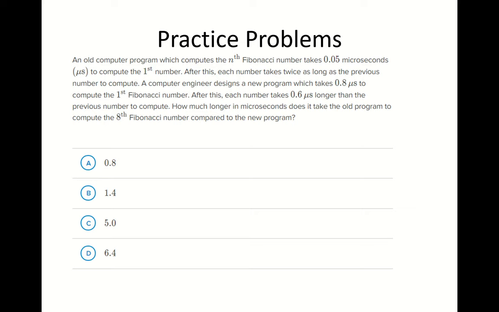Okay, so here's one where you need to set up the function. I'm going to give about a minute and a half to answer this question. You can go ahead and enter those answers in as you get them.